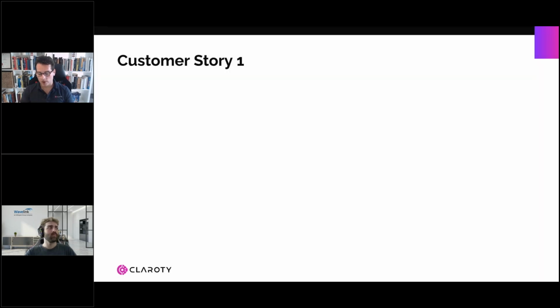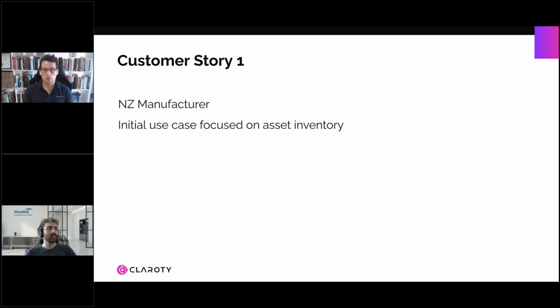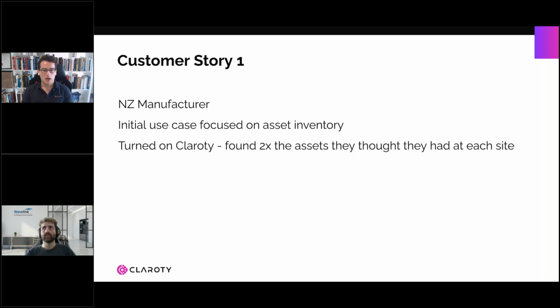So here's a customer story I'll share from a Claroty customer in Australia, New Zealand. This was a food and beverage manufacturer in New Zealand. Their initial use case was focused on asset inventory because this was driven by the OT people. As soon as they turned on Claroty, they found twice as many assets on average as they thought they had at each location.